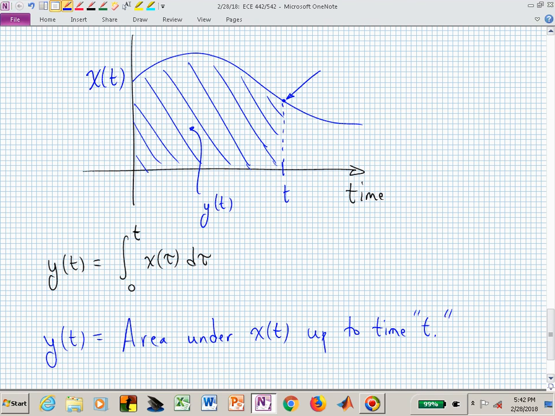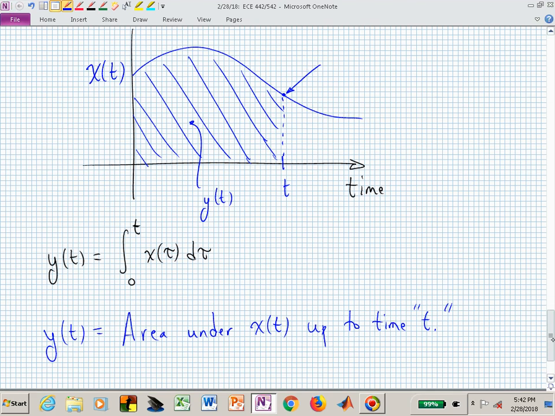So that's how we're defining y of t, and it's related to x of t, and we want to now know, can we numerically approximate that shaded area? This is really going back to your fundamental calculus as far as how you found the area under that curve. We're going to try to do it numerically now.